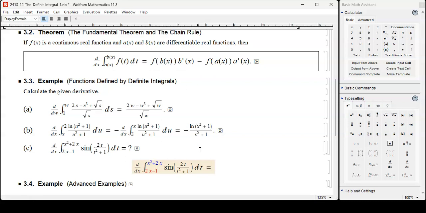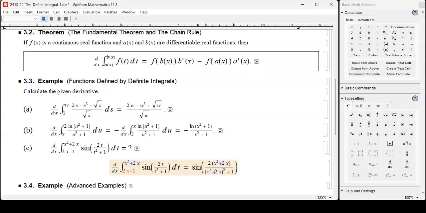First, just plugging in. So copy and paste this thing here. And then in place of t, I have to plug in x squared plus 2x. That goes inside, there, and then there.